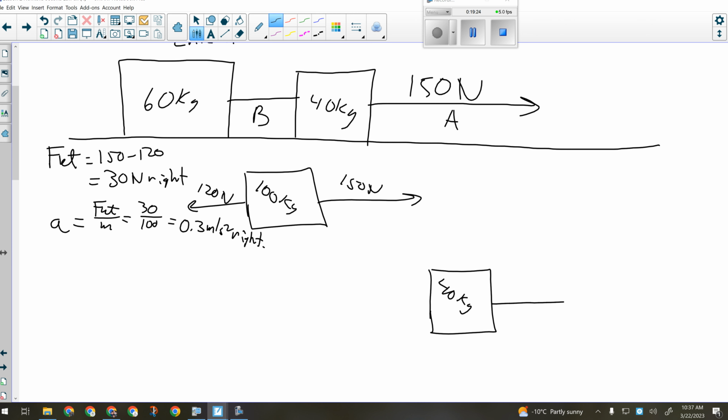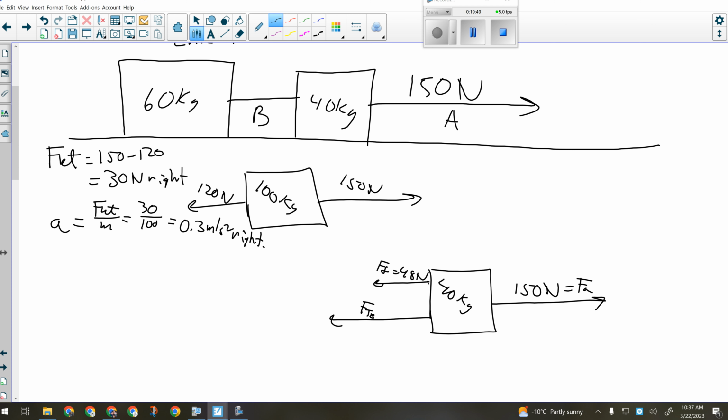So, the 40 kilogram block is being pulled to the right by 150 newtons. It has 48 newtons worth of friction. I'm going to call this the applied force. And then this force here is the force of tension in cable B, which is what they want me to find.